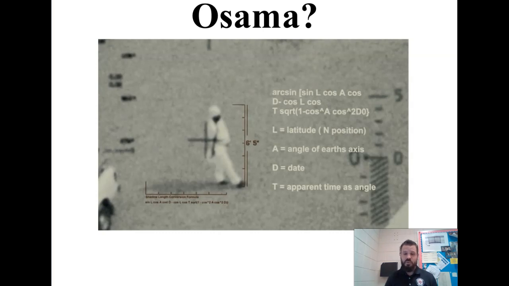Okay, what does that have to do with what we're talking about? Well, if you paid attention, at one point they mentioned proportional shadow analysis. That's what we're talking about, solving proportions. Basically, once we had an idea that bin Laden was in the compound, we started watching with satellites. With satellites, it's difficult to measure the height of something from above, but it's very easy to measure the shadow.